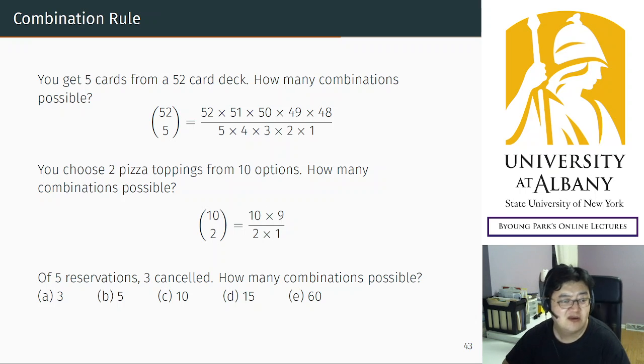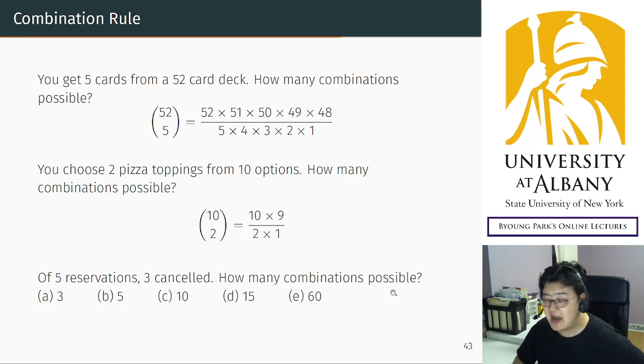Okay, then try to apply the combination rule and calculate for 5 reservations, 3 are cancelled. In this case, it's even more general than what we considered earlier. How many combinations are possible?